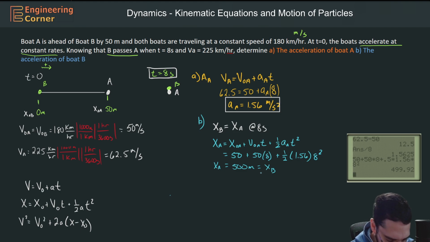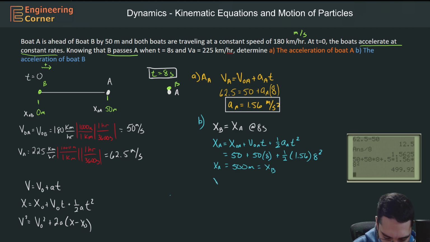So now what can I do? All right. If I use this equation again, but instead of x of A, I use x of B, I know my final position of B. I know my initial position of B. I know my initial velocity of B. I know my time. The only thing I'd have to resolve this to figure out is, okay, what is my acceleration of B? So let's do that.